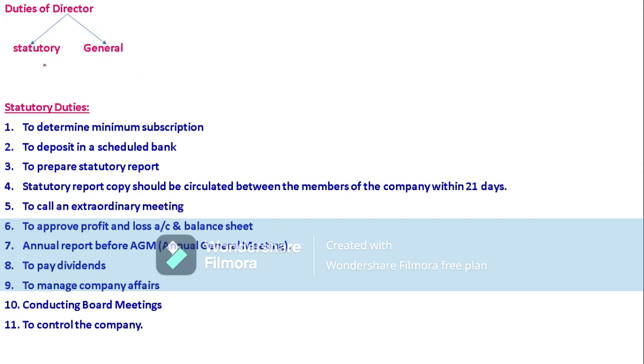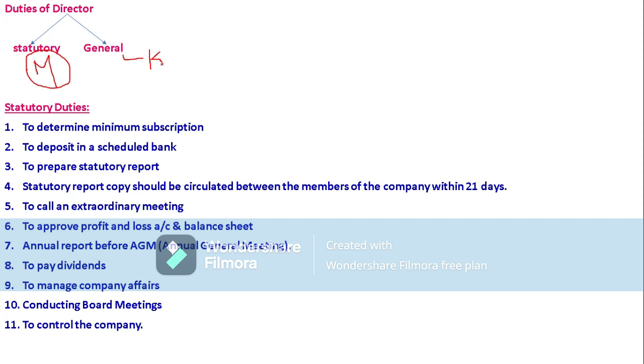Statutory duties are mandatory, compulsory. At any cost they have to perform these statutory duties. General duties are those they have to know, in their knowledge, that they have to do all these things in their daily activities.